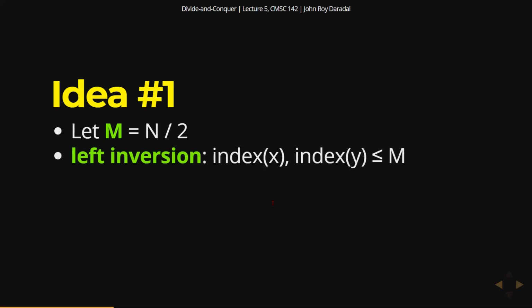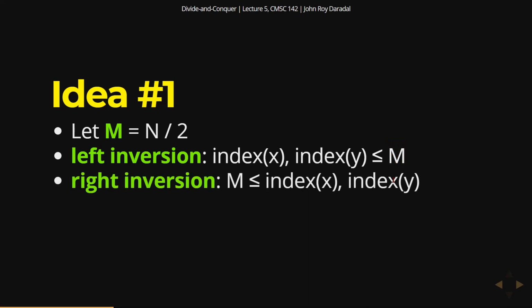We will classify our inversions into three. Left inversions are inversions wherein both x and y are to the left of the middle, meaning they are less than or equal to the middle of the array. The right inversion is when both x and y, both numbers that are part of the inversion, appear after the middle.